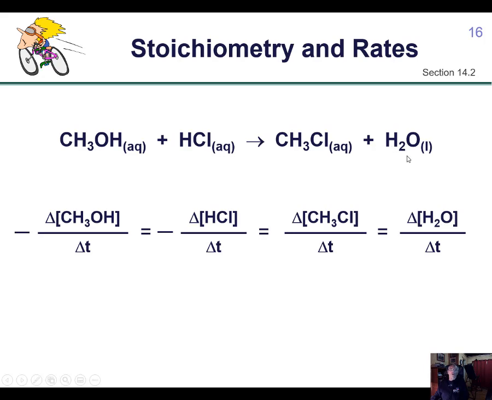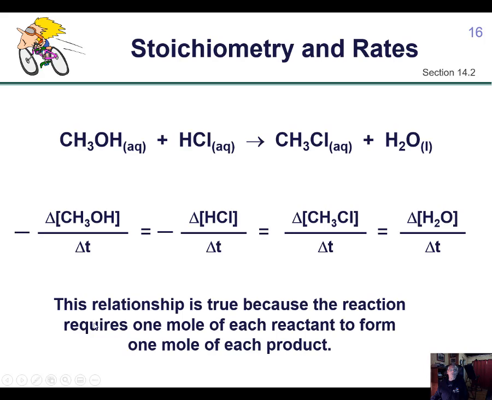And that is only because the coefficient is 1 for all of these. What that means is, in the same period of time that 1 mole of methanol disappears, 1 mole of hydrochloric acid will disappear, and 1 mole of chloromethane will appear, and 1 mole of water will appear. That's only true because the coefficients are 1.